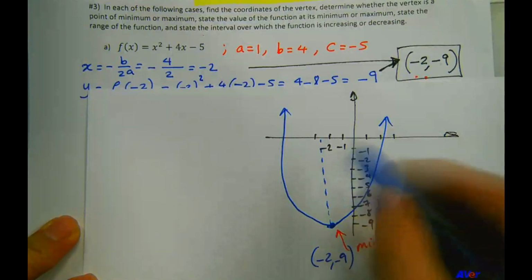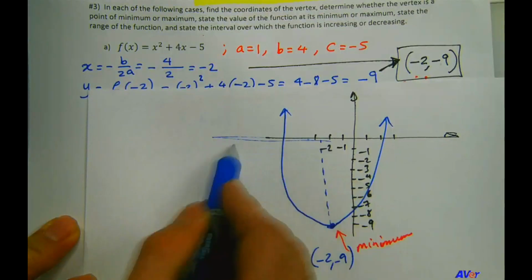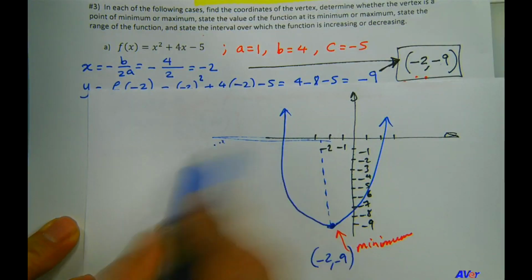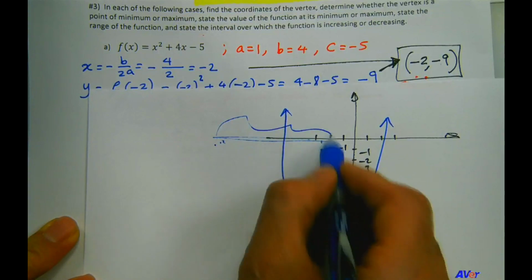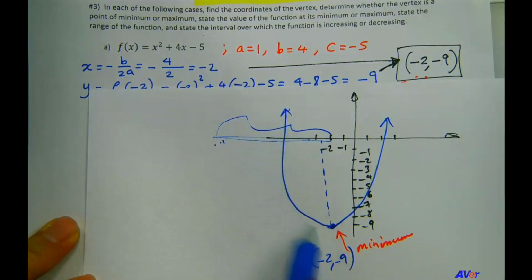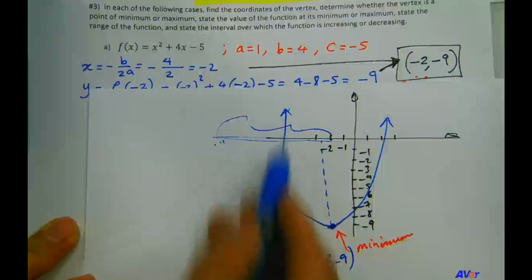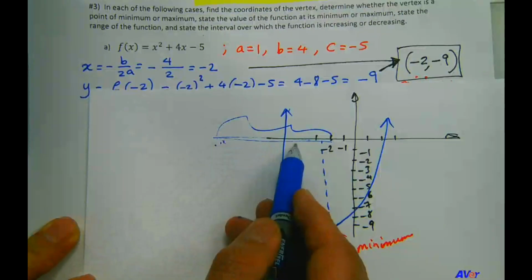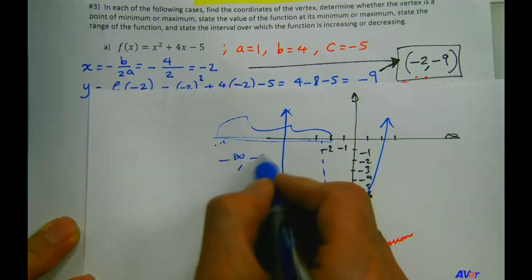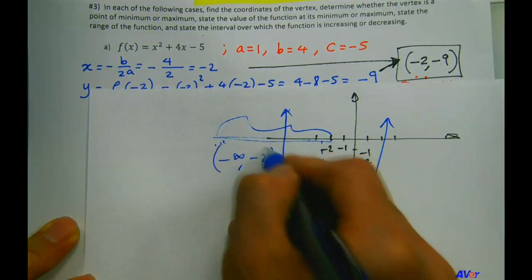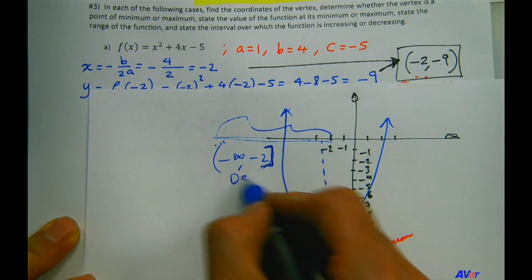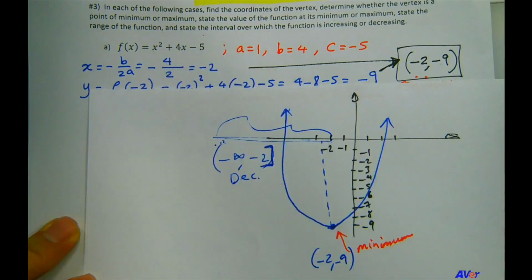Okay? So with respect to the x-axis, from -infinity to -2, from here to here, the function is going down, looking from left to right, it's moving downhill. So it's decreasing from -infinity to -2, and I have to put a bracket there. To -2 is decreasing. And I'm going to clean this up before I write it on the paper there.